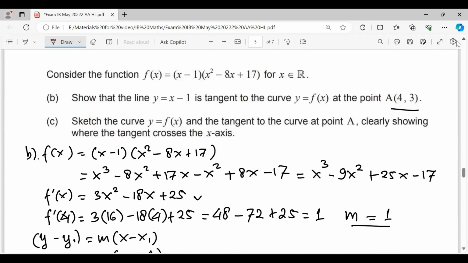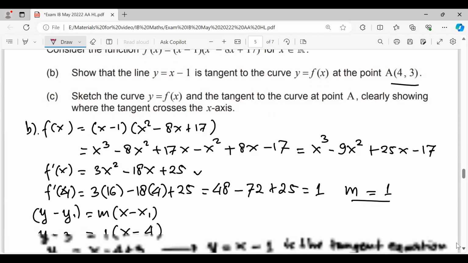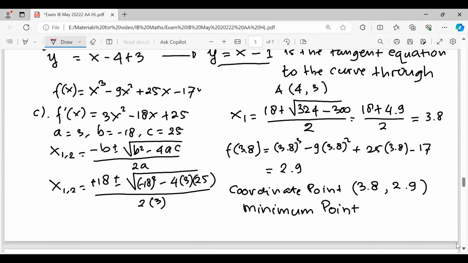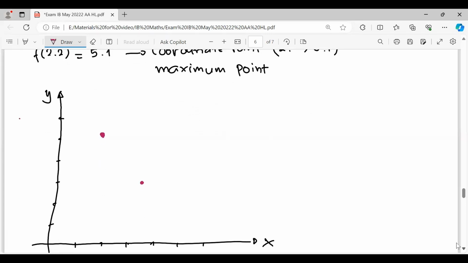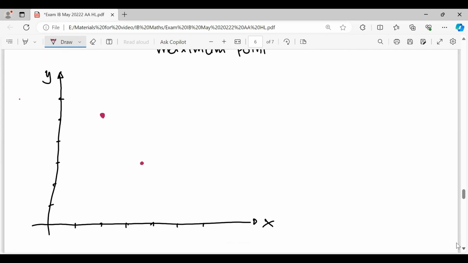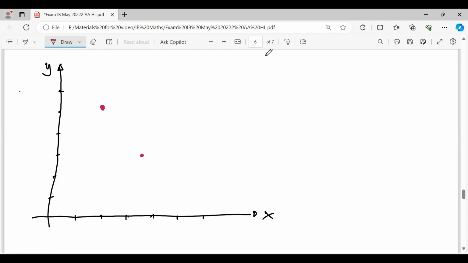It says to sketch the curve y equals f(x) and the tangent to the curve at point A, clearly showing where the tangent crosses the x-axis. It means we have to find that if y crosses at the x-axis, it happens when y equals 0.